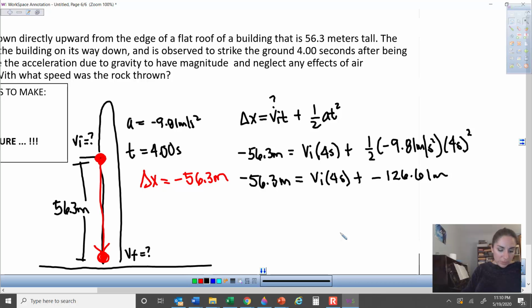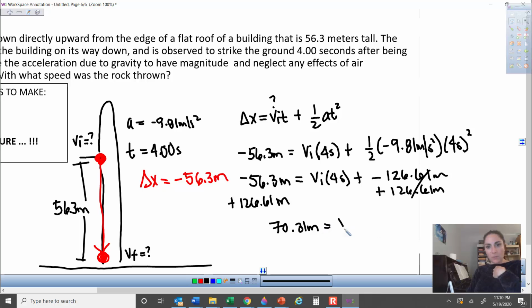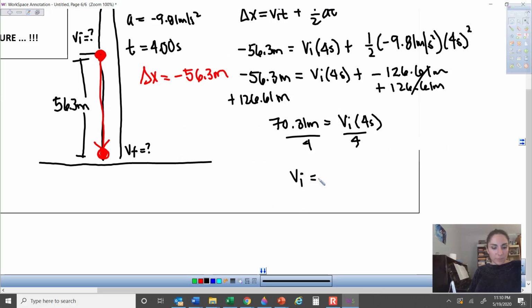So I'm going to do negative 56.3 plus 126.61. And then I get 70.31 meters equals VI times 4 seconds. Divide both sides by 4. I get an initial velocity of positive 17.58, which seems to be like a pretty reasonable number. Looking good.